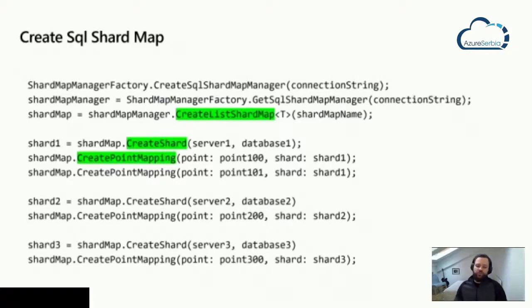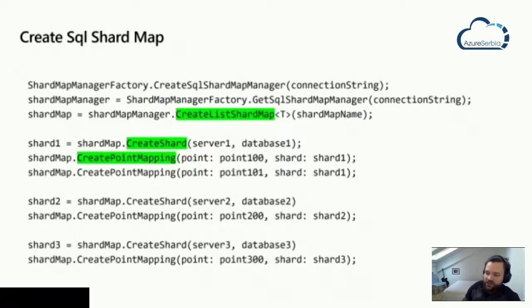So we can have several shard maps hosted in this database. So we give a shard map a name so that we can identify it, and then we have a series of steps where we create a shard for a shard map, and a shard is defined with the server and the database that will host it.